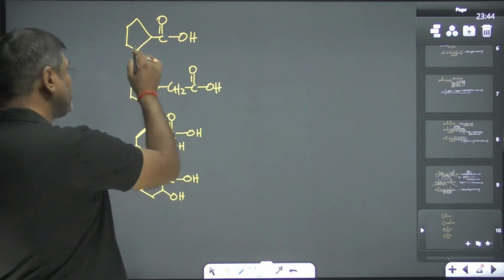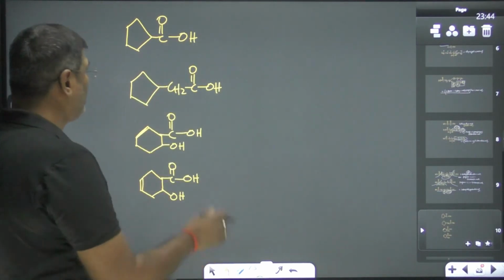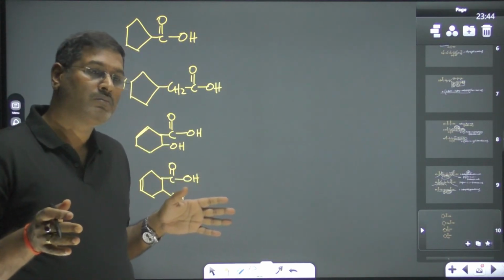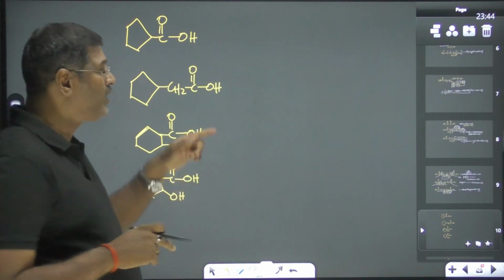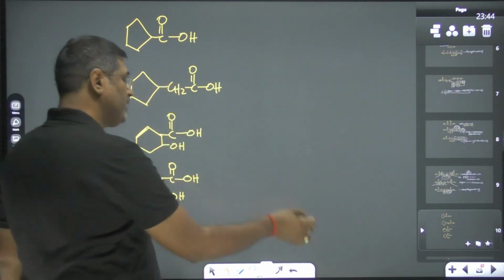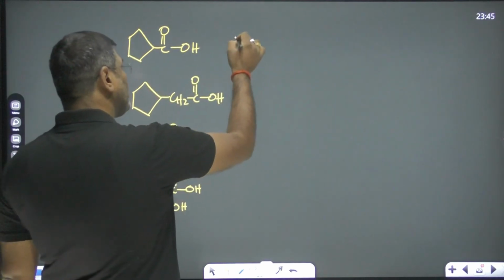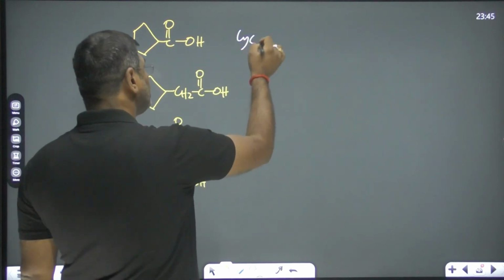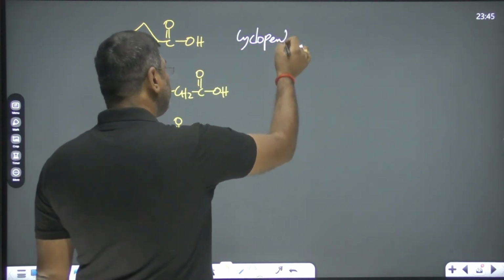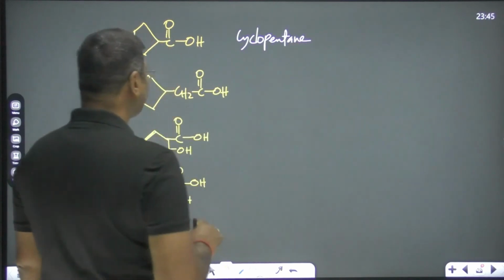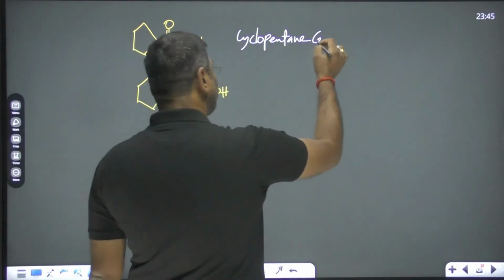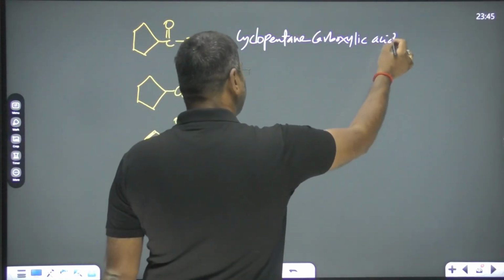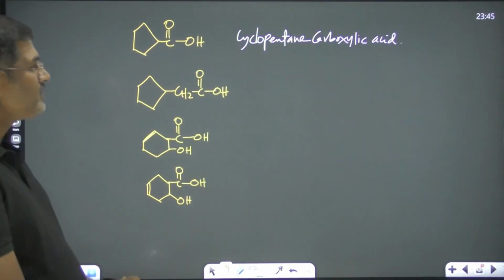Here, what is this? Anyway, you know, when the COOH group is directly connected to the ring, this carbon atom cannot be included in the ring, and that's why we name this one cyclopentane carboxylic acid.